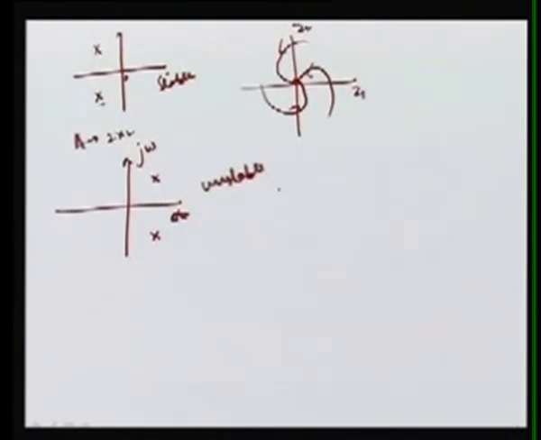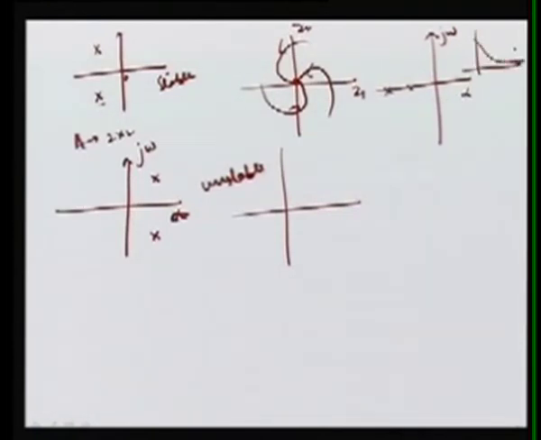In the left half, if your poles are lying here, the system response will be decaying, meaning with free response, if you perturb it, there is no force, so the system will come to 0.